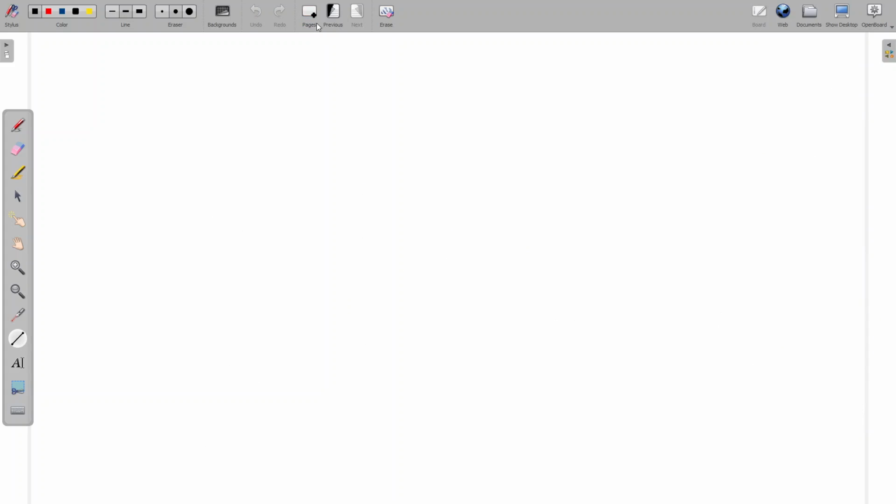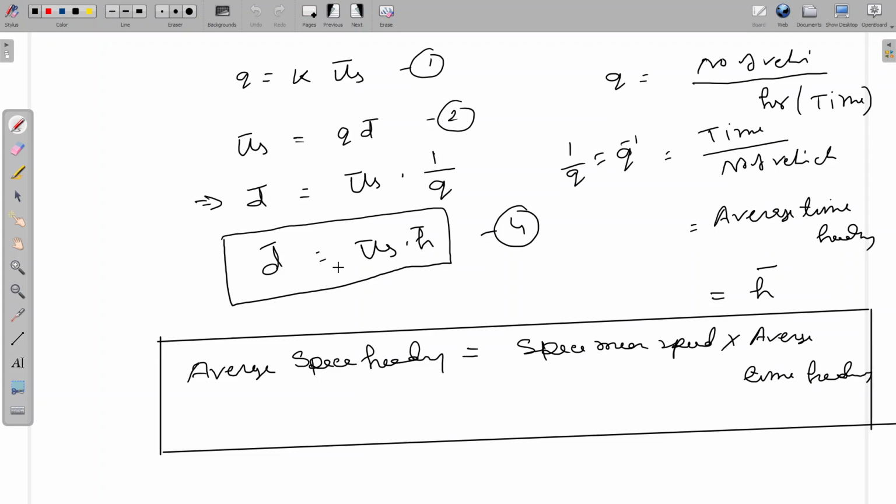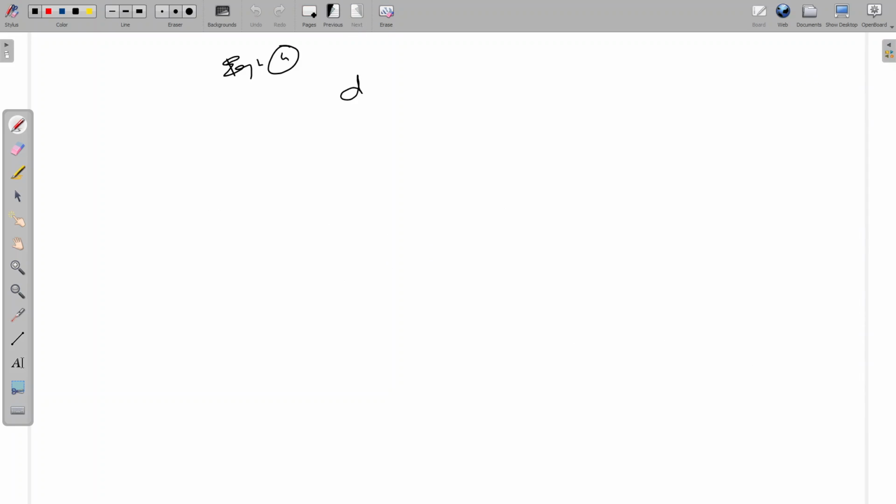Now I am interested to know what the average time headway is. So I am writing again equation 4 here. What was equation 4? Equation 4 says that V bar is equal to Us into H bar. So equation 4 was basically average space headway is equal to space mean speed into average time headway.